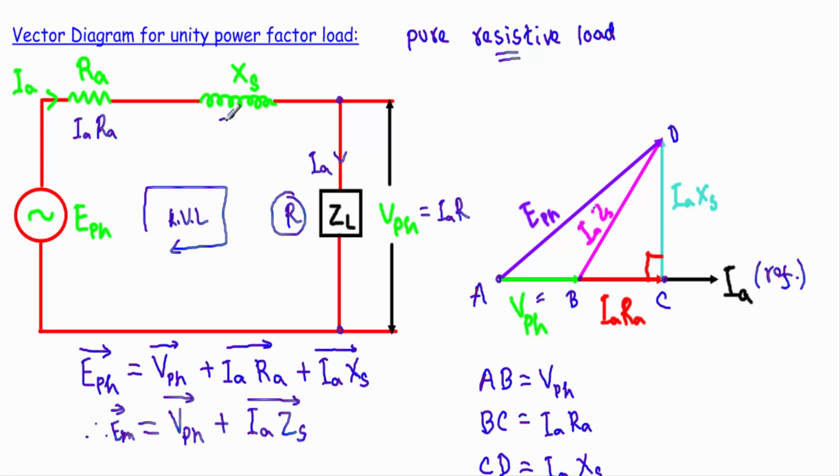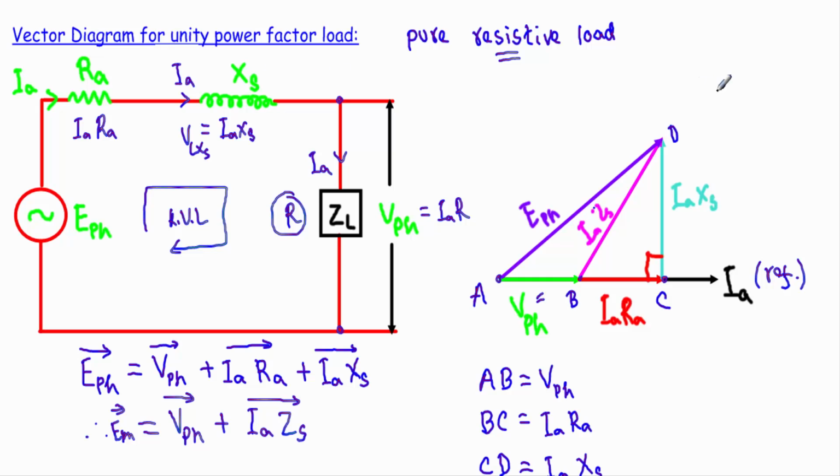After that I will take another drop, IAXS drop, due to the current flow. This is our voltage across this synchronous reactance, VLXS equal to IAXS, due to the current flow IA, as I am taking the direction of current in this direction.